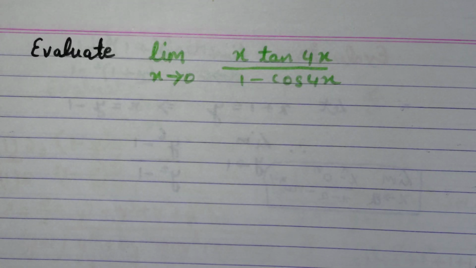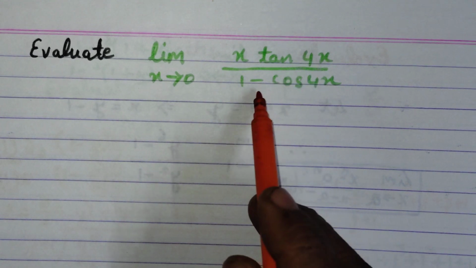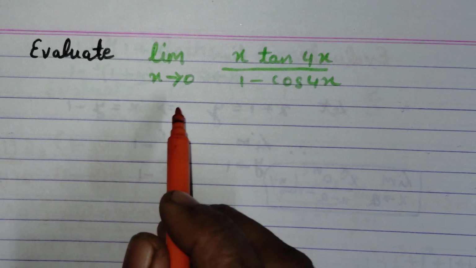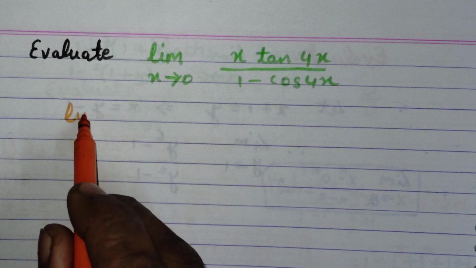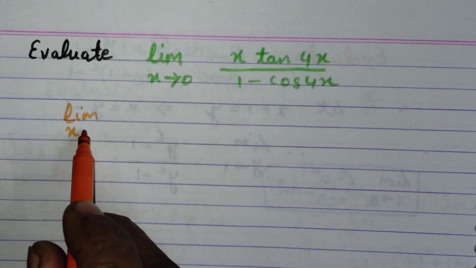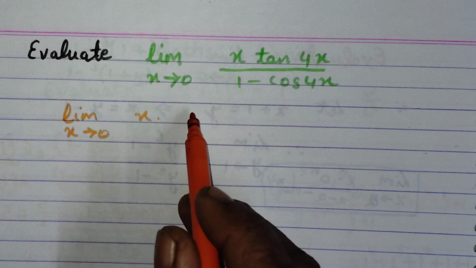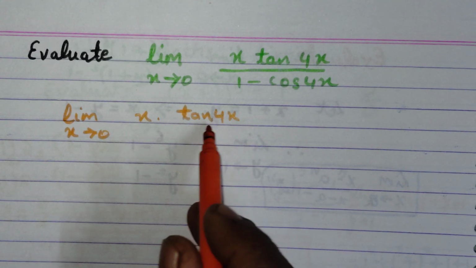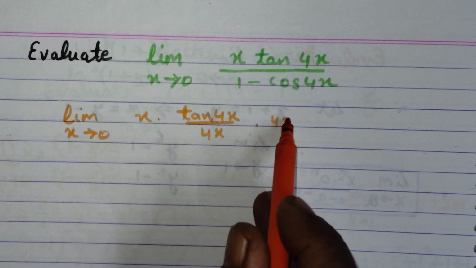Now in this question there is limit x tends to 0, x tan 4x upon 1 minus cos 4x. This is a trigonometric based limit question. So limit x tends to 0, in the numerator tan 4x can be written as, divide by 4x multiply by 4x.